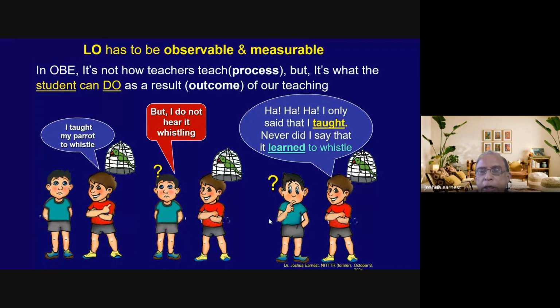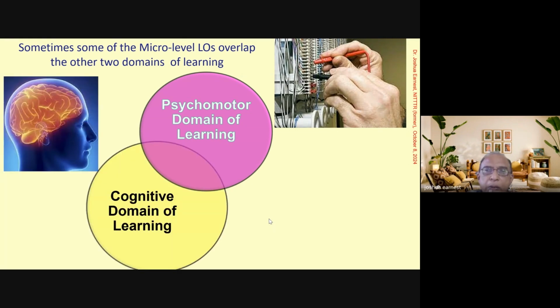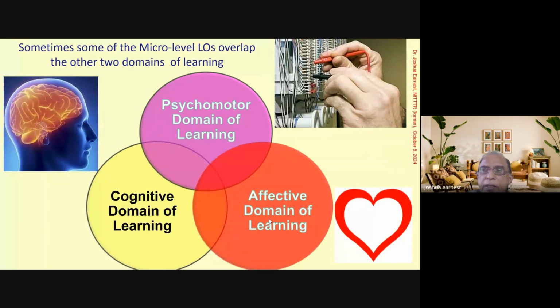Only when they do it in the lab or on pen and paper can we say that learning has taken place. Sometimes the psychomotor and cognitive domains can overlap, so whichever is predominant, that learning outcome falls in that category.